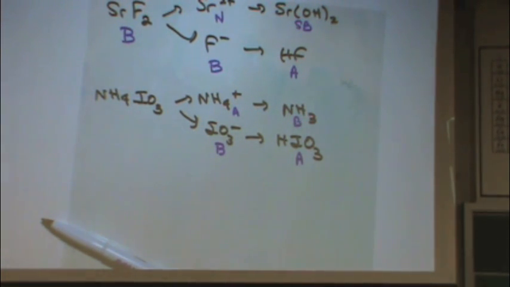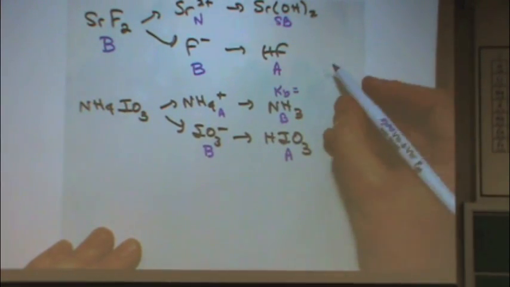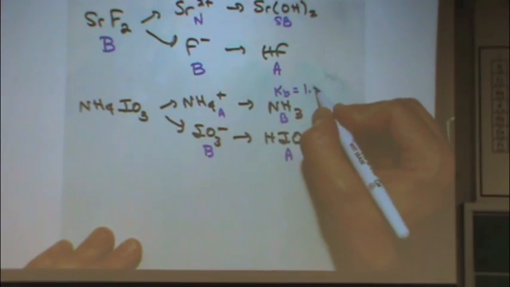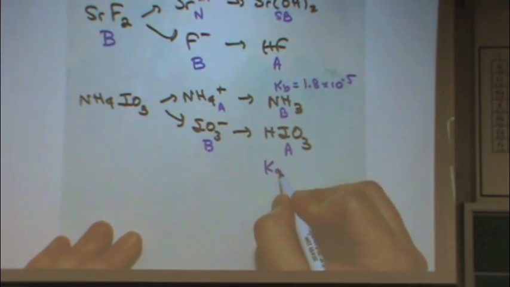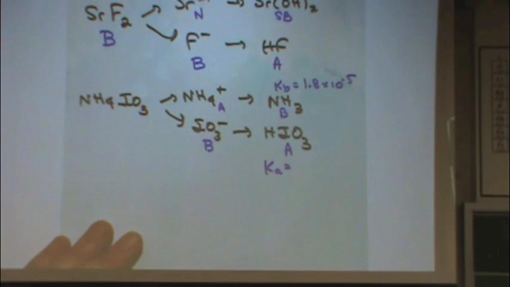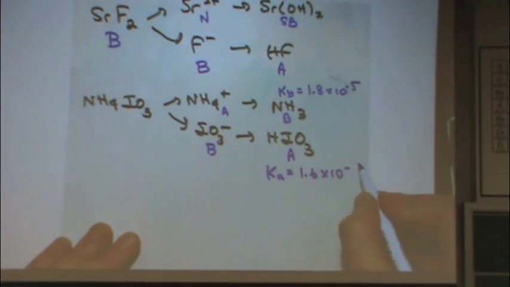So now you don't have to do any math, but you do have to go over to the table on the back of the exam and write down the constants. So the Kb for ammonia is 1.8 times 10 to the minus 5. The Ka for HIO3 is 1.6 times 10 to the minus 1.